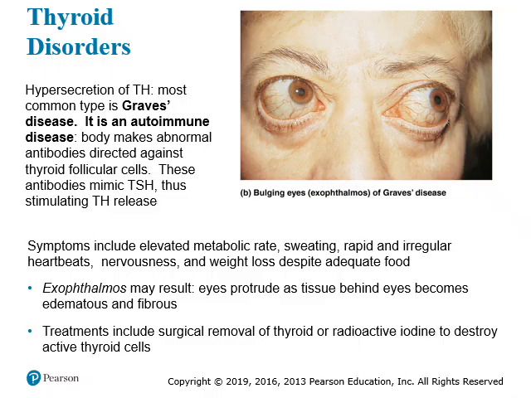The symptoms would include elevated metabolic rate, sweating, rapid and irregular heartbeat, nervousness, weight loss despite adequate food. And exophthalmos or bulging of the eyes has become a common symptom of people with Graves' disease that cannot be controlled. Treatment would include surgical removal of the thyroid or radioactive iodine to destroy the active thyroid cells.